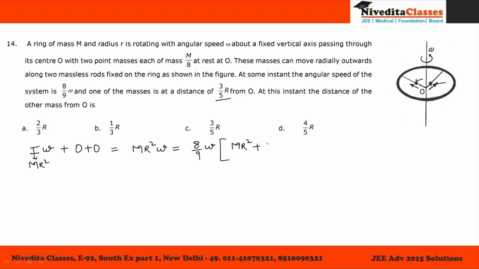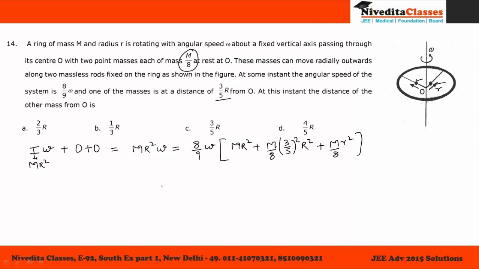So for it we will have the mass m, and the radius is equal to 3 by 5 r. So it is (3 by 5) square into r square, plus let's say the second bead is at a distance of small r from the center. So in this it will have m and small r square. These two are the masses of the small beads, which are given to us as m by 8.